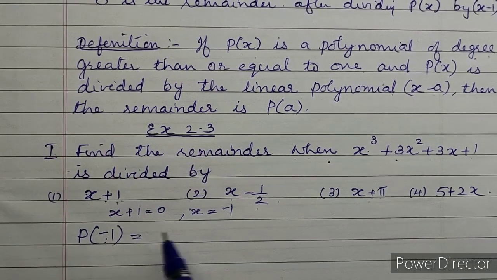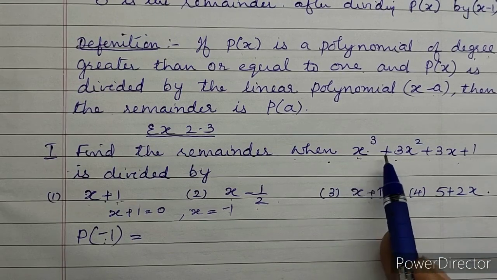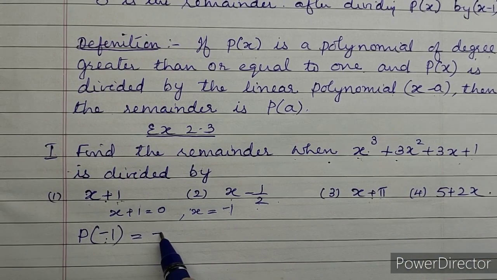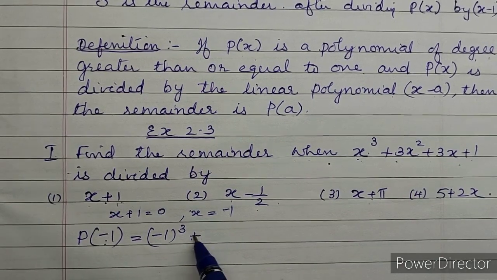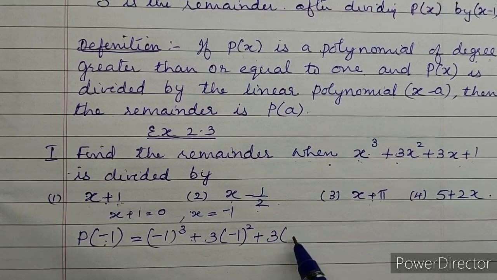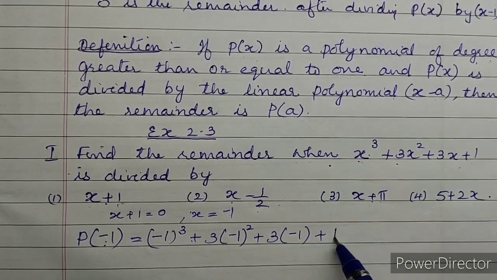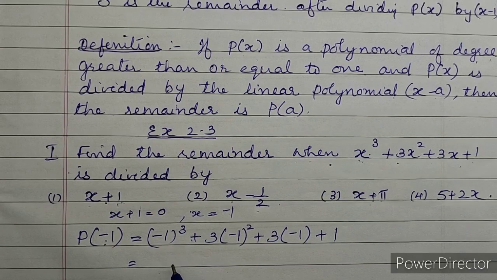So P of minus 1 equals, in this polynomial, wherever x comes, you have to put minus 1. So minus 1 whole cube plus 3 into minus 1 whole square plus 3 into minus 1 plus 1. So that is equal to minus 1 whole cube, how much?